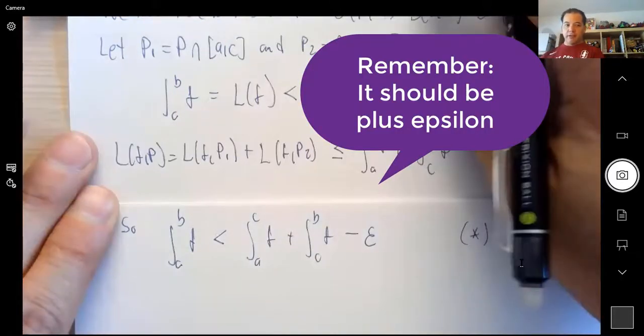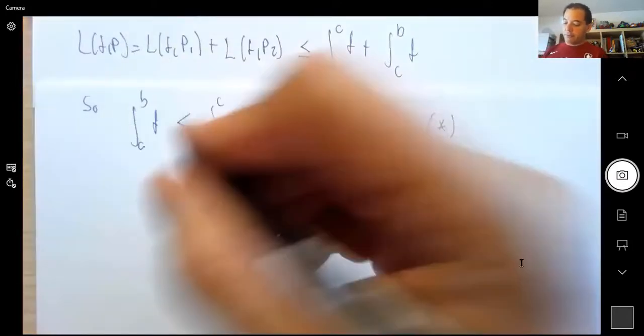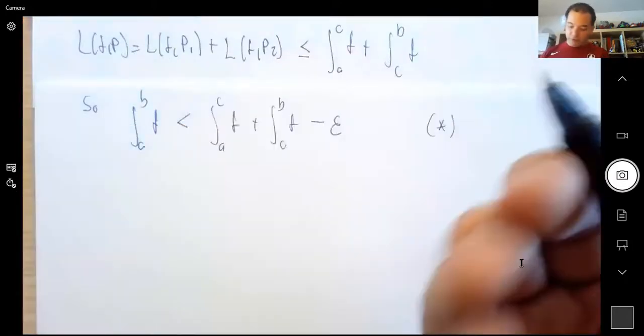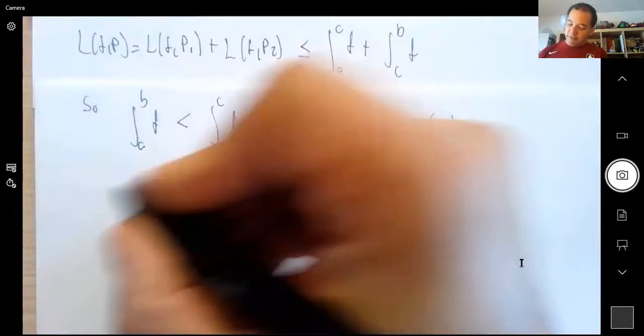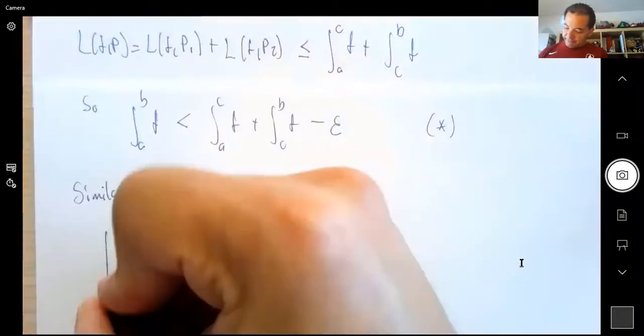Okay? And then to finish the proof, we're essentially going to do the same thing, but now with infimums instead of using the supremums of the L's. So here we go. Similarly, this time I'm going to start with this one.